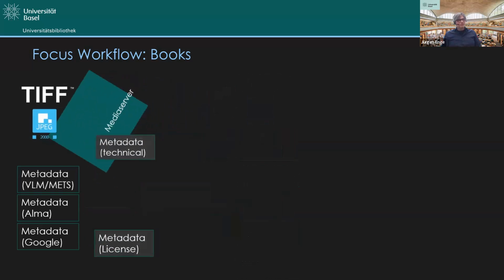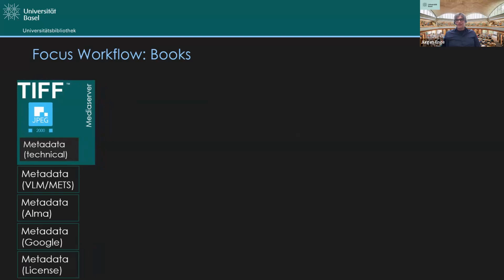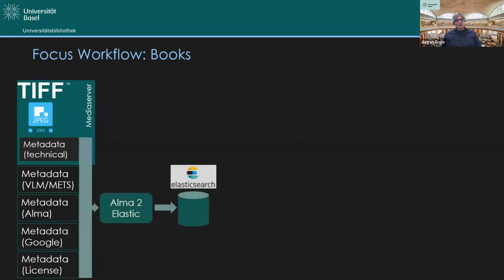In the next step, we have all this metadata and we are using a tool which is called Alma to Elastic. This takes the metadata from our library catalog system and enriches it with all the other metadata we have collected so far. And all this we put in a full text index, an Elasticsearch index.